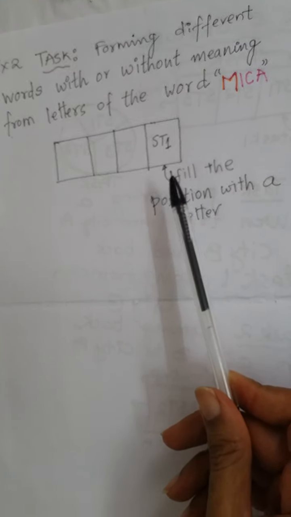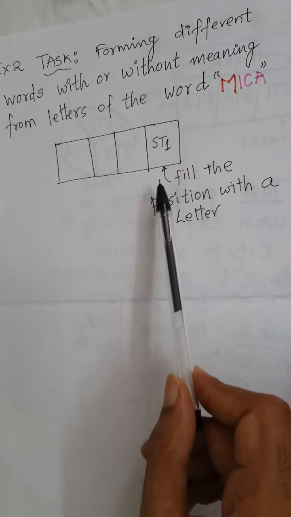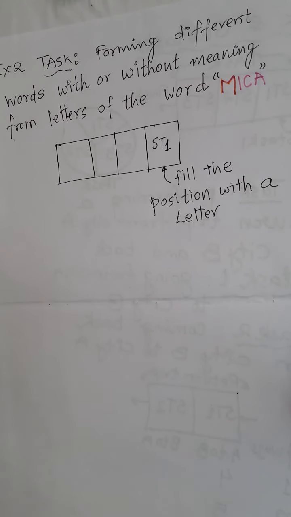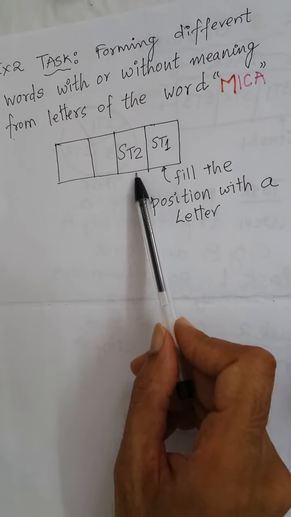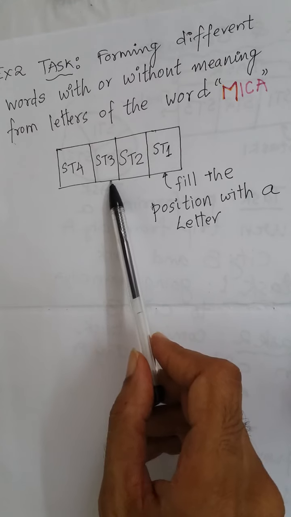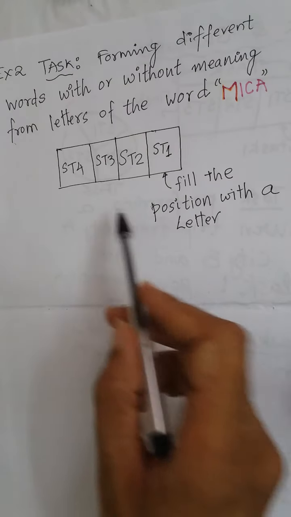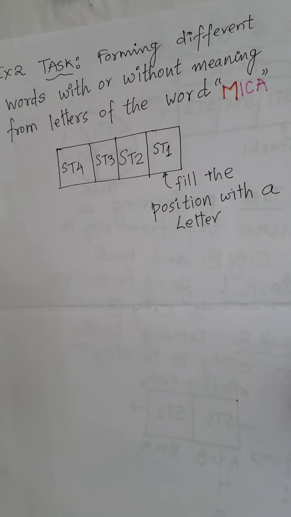Our subtask 1 would be to fill this position, the rightmost position, with any of the letters M or I or C or A. Similarly, we can now say what the other subtasks are. Subtask 2 is filling this position adjacent to the rightmost. Similarly, subtask 3 is to fill this position. Subtask 4 is again to fill this position with a letter. So how many subtasks are there? There are 4 subtasks involved.